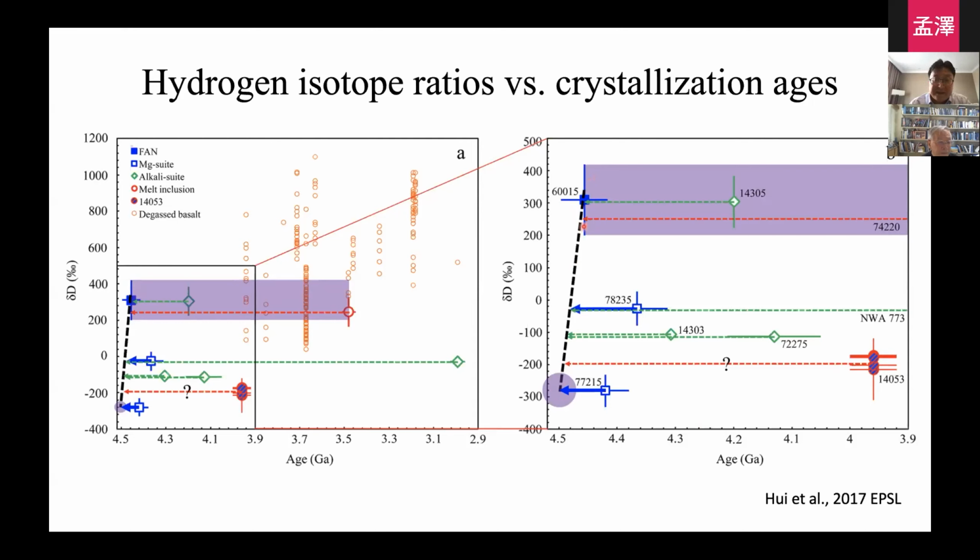Basically, the hydrogen isotope compositions of these three samples are correlated with each other, and therefore we can calculate the hydrogen isotope compositions in the early melt accumulates crystallized from the lunar magma ocean, much earlier than the crystallization of the primary crust.